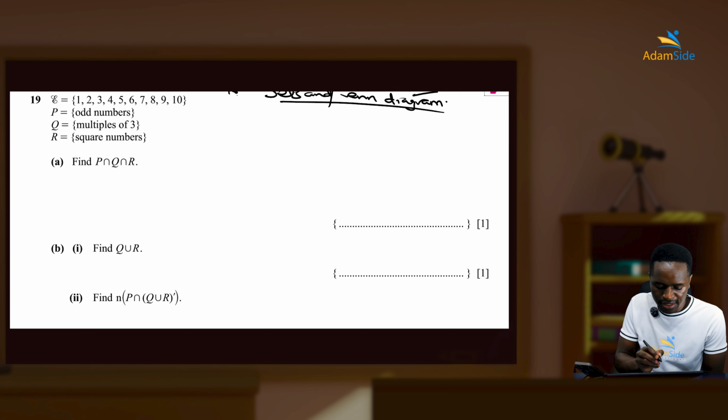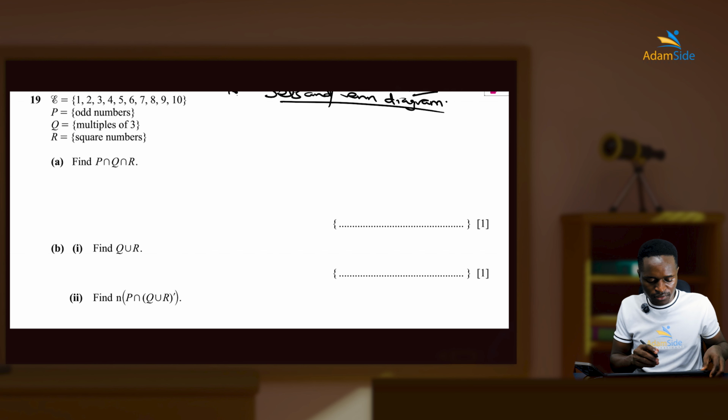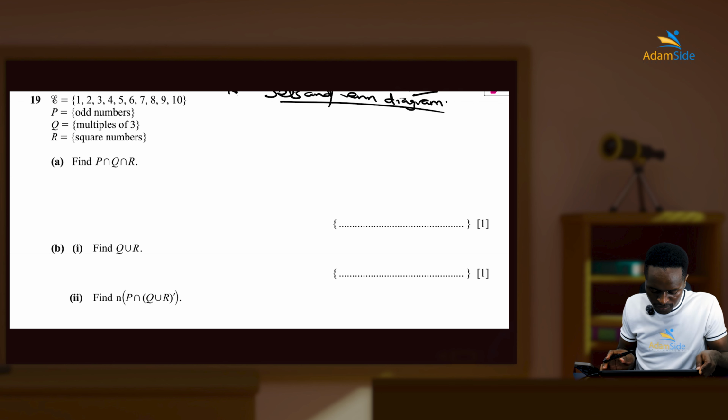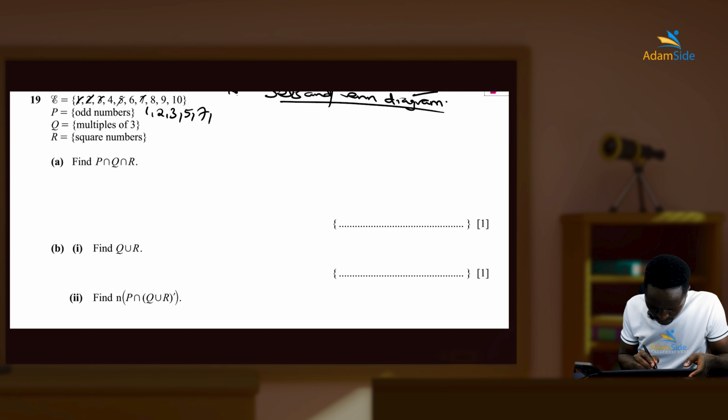So what do we do in this case? We set up the Venn diagram. Odd numbers, we have 1, 3, 5, 7, 9.